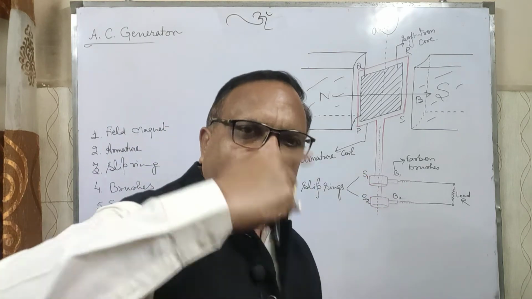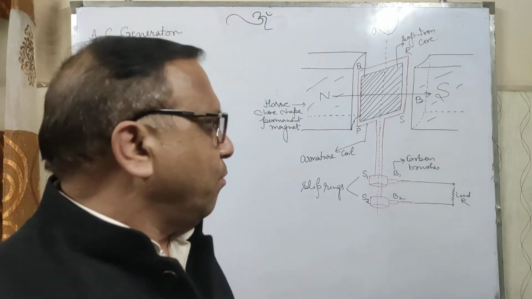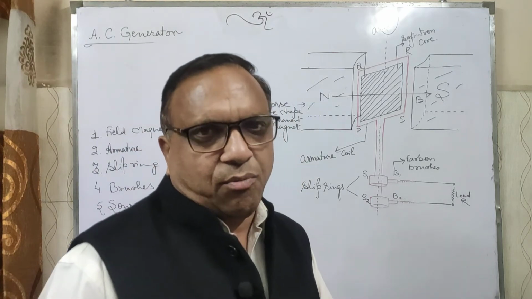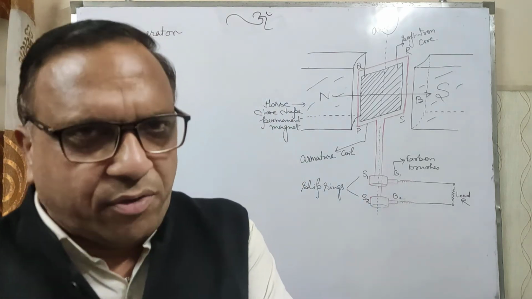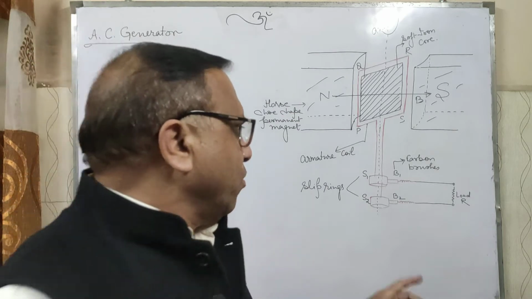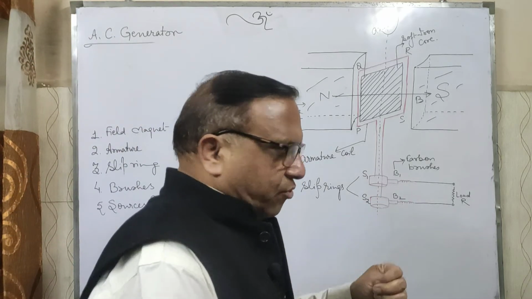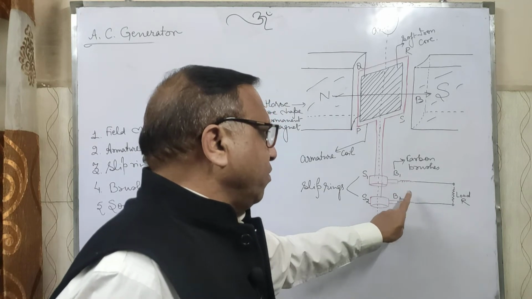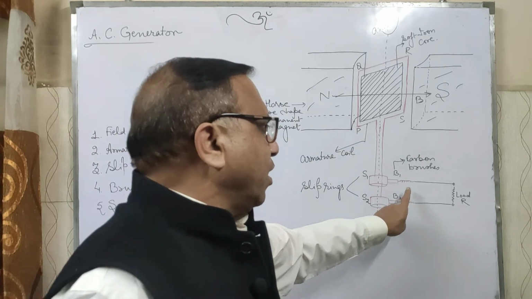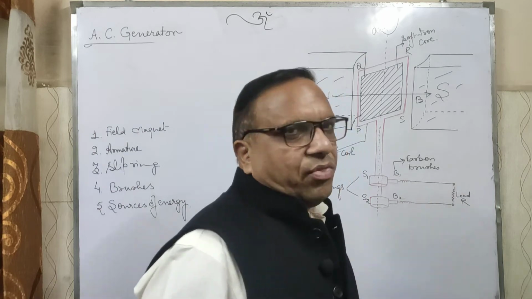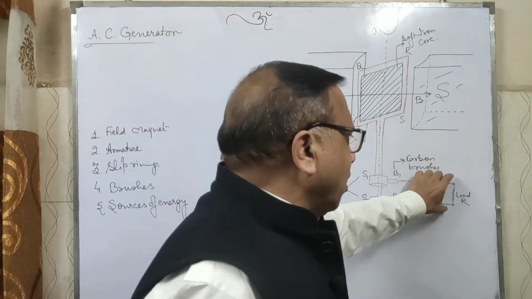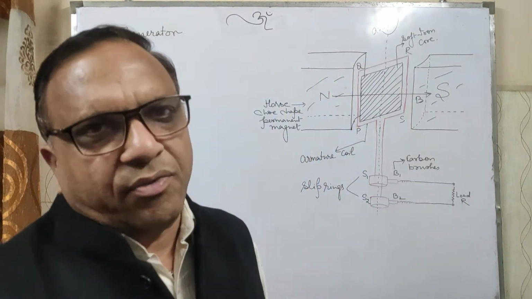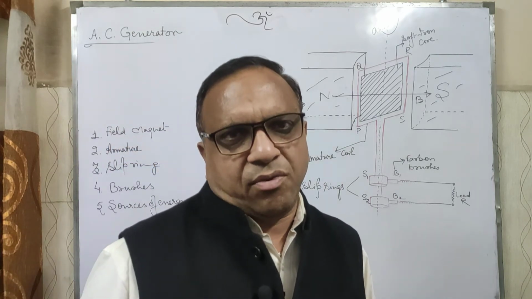Slip rings rotate along with the armature coil, but carbon brushes remain stationary because we want stationary points as an outlet. These are tightly attached with the help of springs. These are carbon brushes, and carbon brushes are connected with the output. Here we take output.